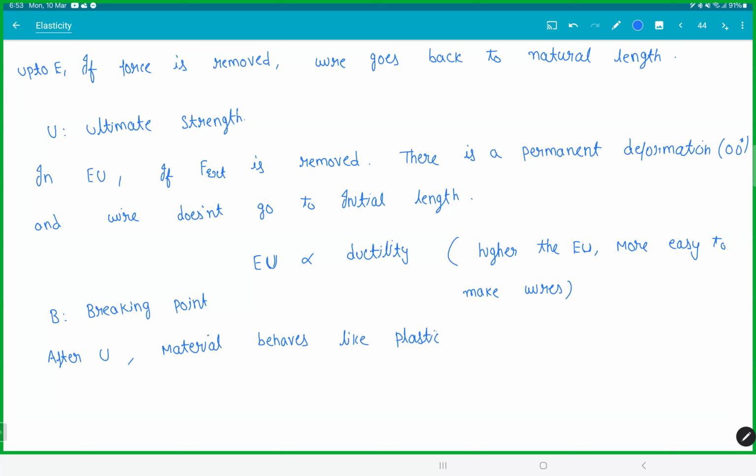This statement is important: even if stress decreases, technically, think about it. What is stress? Force. Strain is elongation. If you decrease the force, shouldn't elongation also decrease? But here, once you reach this region, even if stress decreases, the elongation continues to increase.